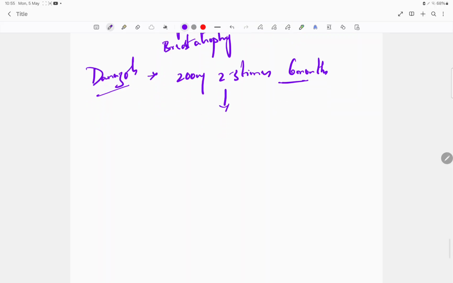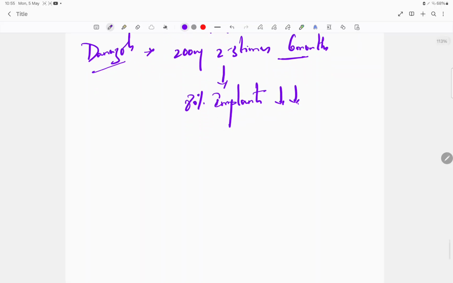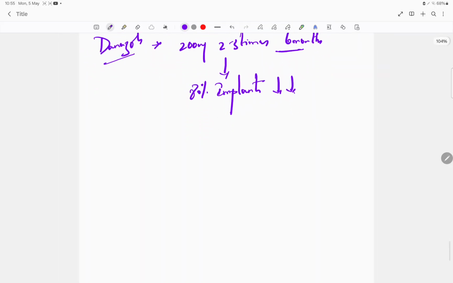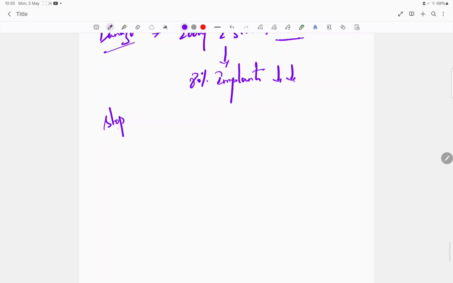The MCQ asked was: 80% of the implants will be reduced. But if you stop this drug, there will be recurrence. Almost 30% recurrence will be there.